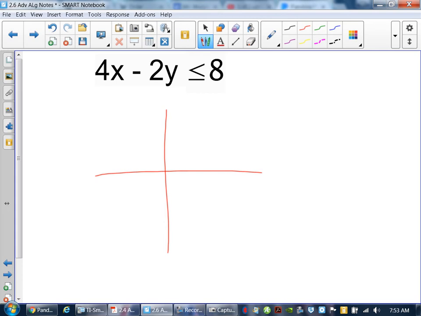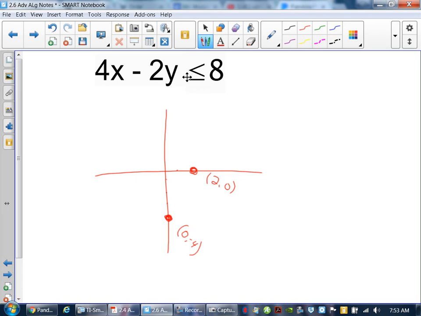So if I cover up my x value, I get negative 2y equals 8. So y has to be negative 4. And my x value is going to be at 2. I'm always going to label my ordered pairs.